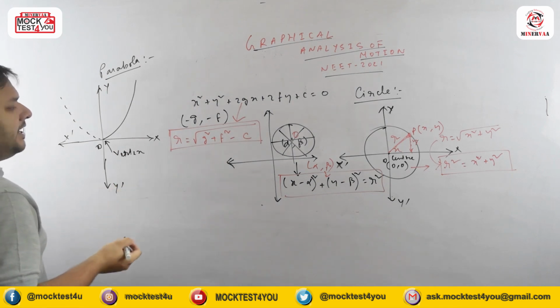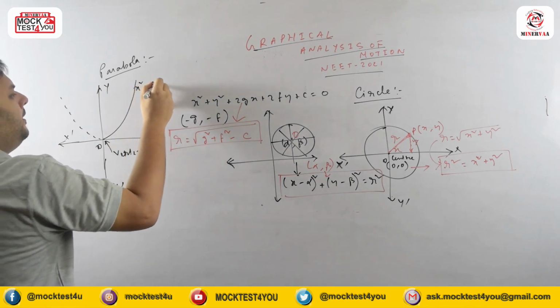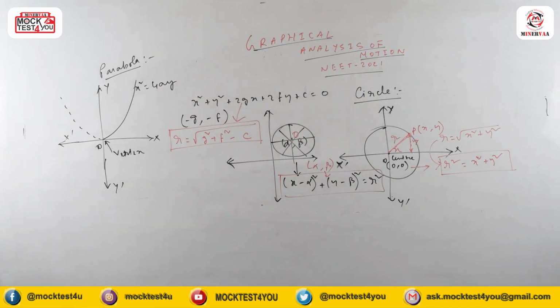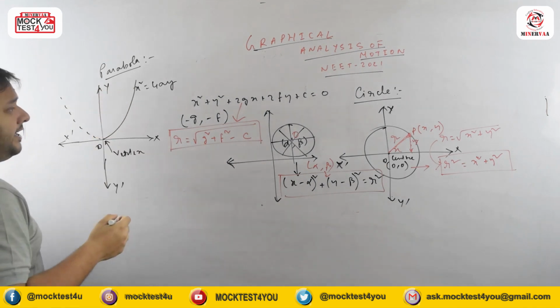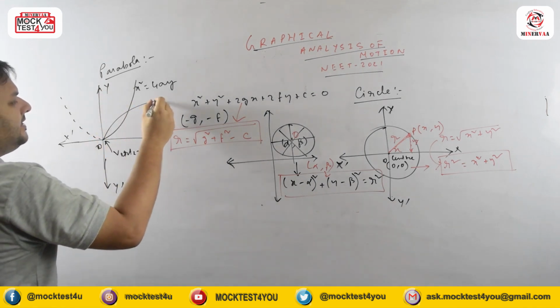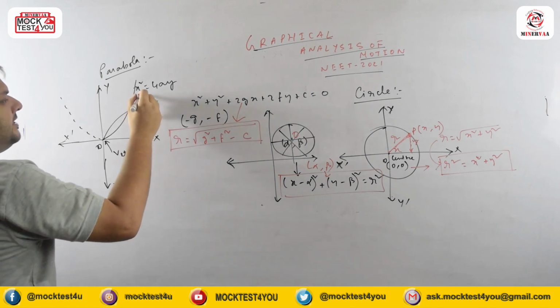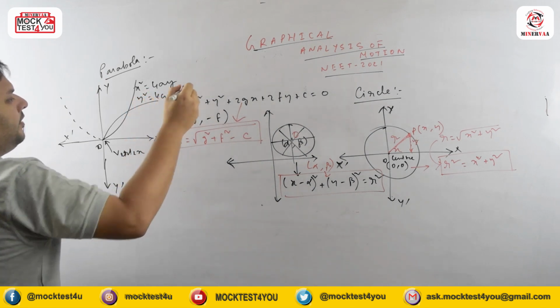So when the vertex is at the origin, this type of graph will be denoted as x square equals 4ay, if it is bending towards the y-axis. And if the vertex is the same and it is bending towards the x-axis, this is y square equals 4ax.